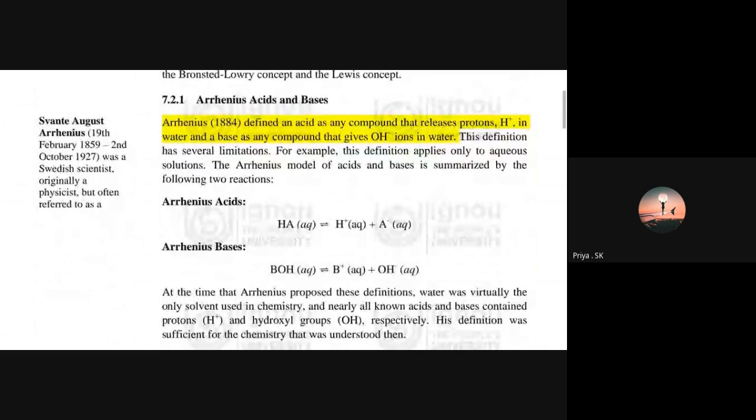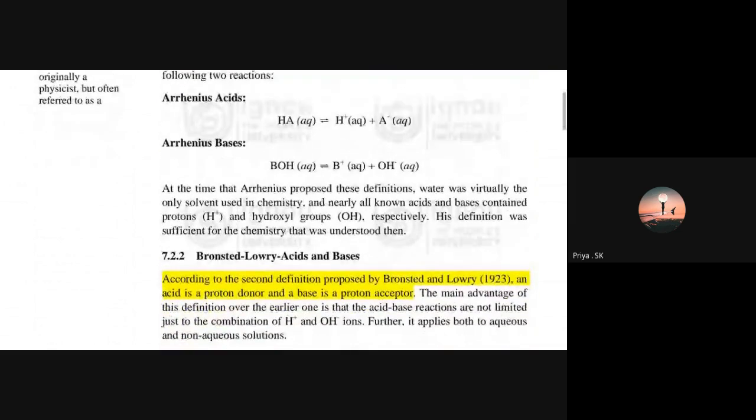So the Arrhenius acid will react with water to form H plus and A minus, and Arrhenius bases will react to form B plus plus OH minus.